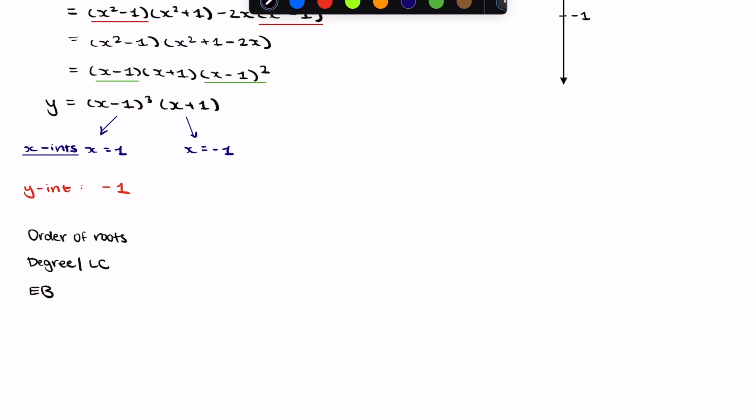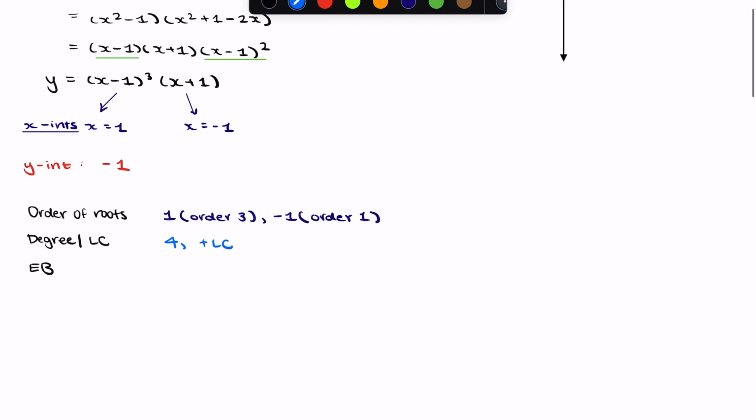Here we know that the order of roots for 1 is order 3, and negative 1 is order 1. The degree is 4, and we have a positive leading coefficient.